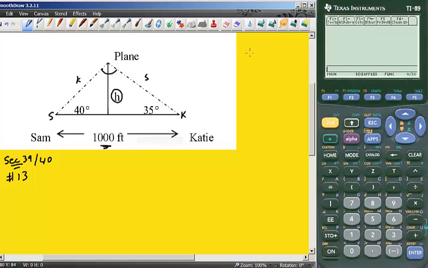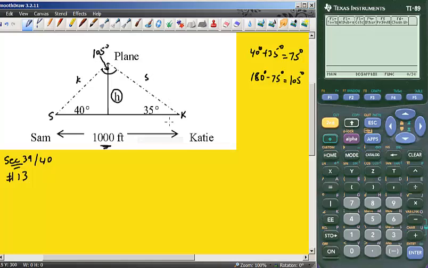When you add 40 plus 35 degrees, that gives us 75 degrees. Then 180 minus 75 gives us 105 degrees. So this angle on the top is 105 degrees.